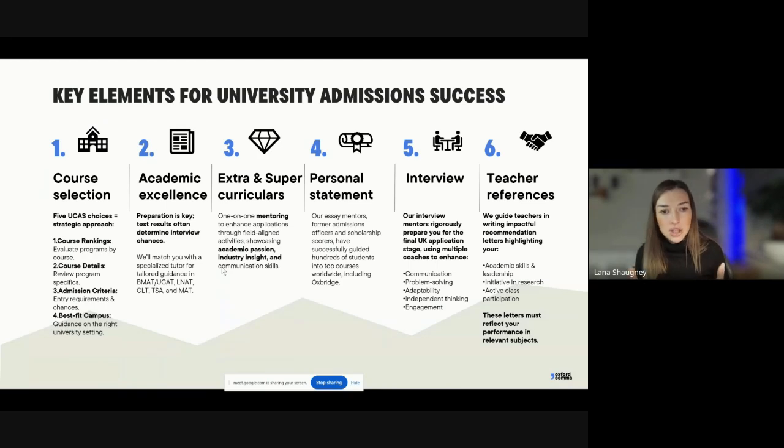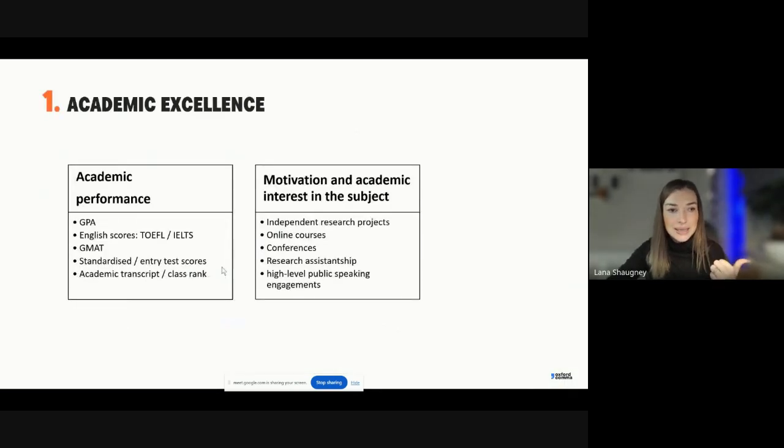Then you might have an interview where you showcase your communication, your problem solving, your engagement with the subject, and ability to present yourself. And then there are teachers' references. This is the comprehensive portfolio that any student wanting to study at a top university would have.